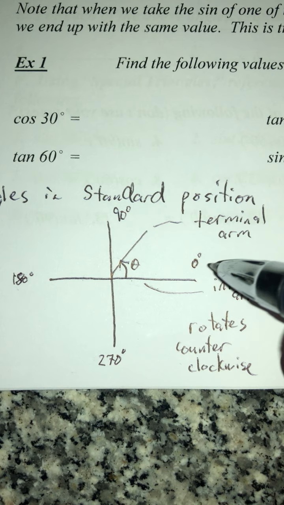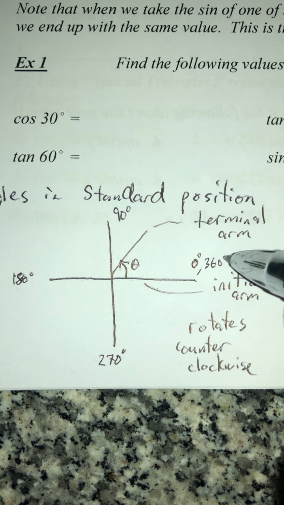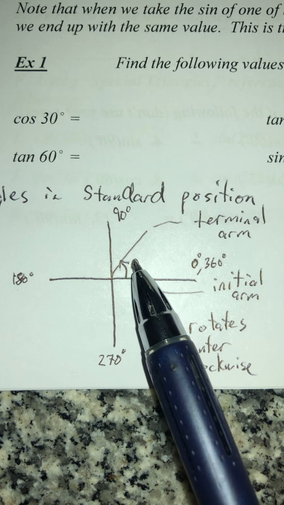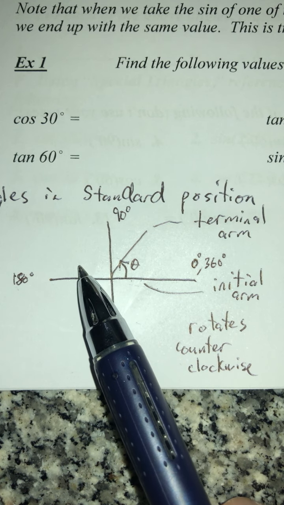And then if I rotate back here, this is going to be 360. So suppose I wanted to graph the angle, let's see, what would be 160. Let's do that. If I want to graph 160, I'm going to start from here and rotate around, and it's going to get somewhere over here.